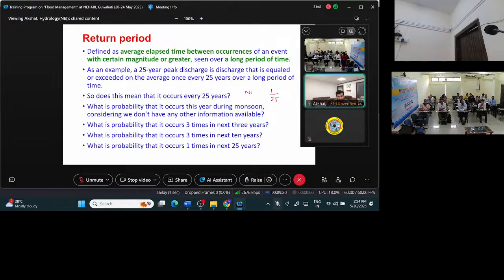What is the probability that it occurs during this monsoon? Considering we don't have any other information available, that would again be 1 in 25. What is the probability that it occurs 3 times in the next 3 years? It will be 1 by 25 multiplied by 1 by 25 multiplied by 1 by 25.